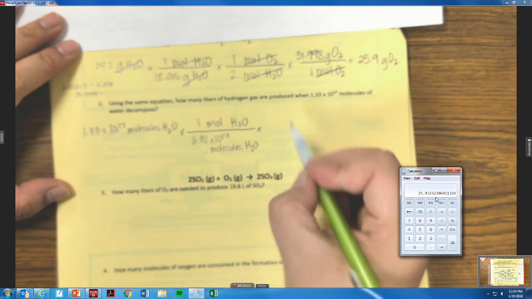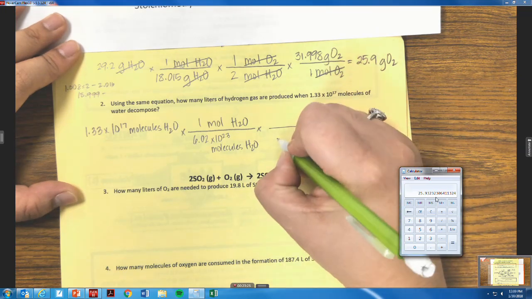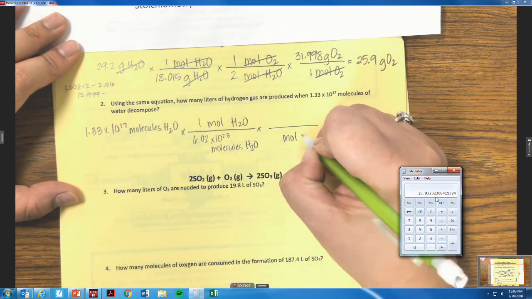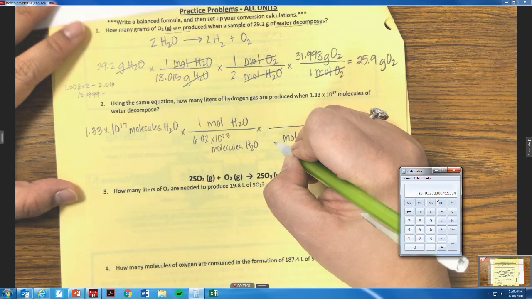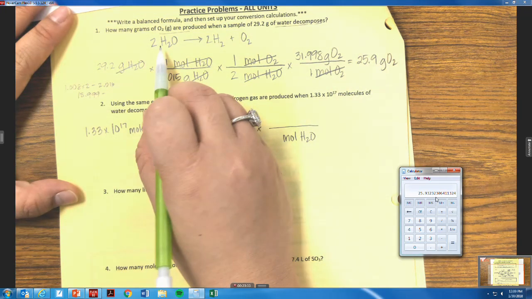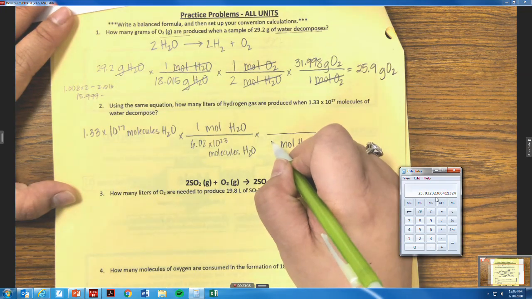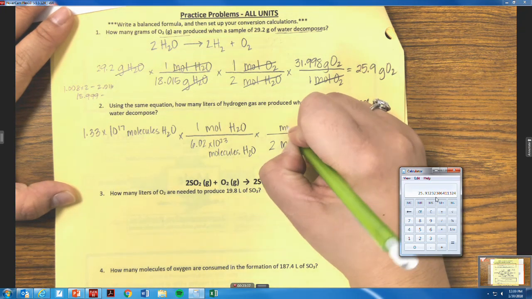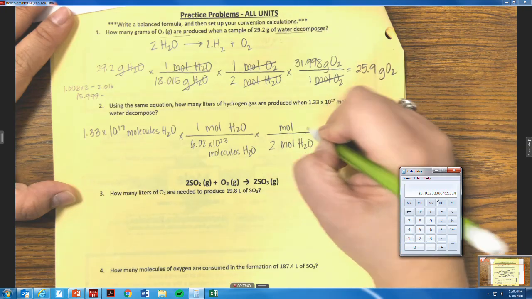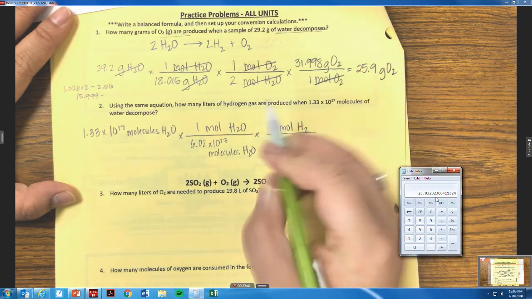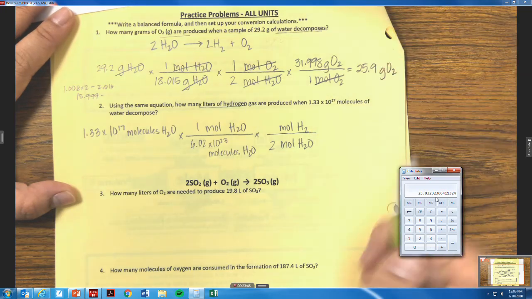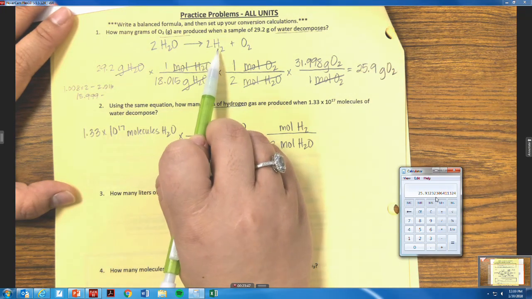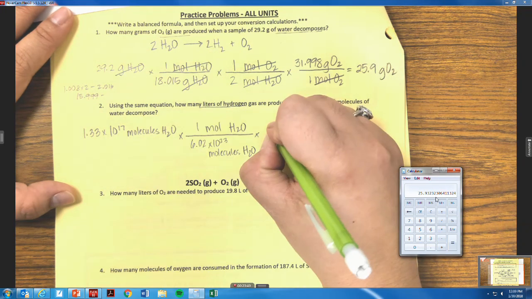The known substance is H2O, and our coefficient for H2O is 2. The unknown substance is hydrogen, liters of hydrogen, and my coefficient for hydrogen is also 2.